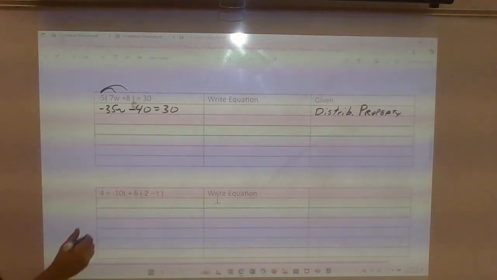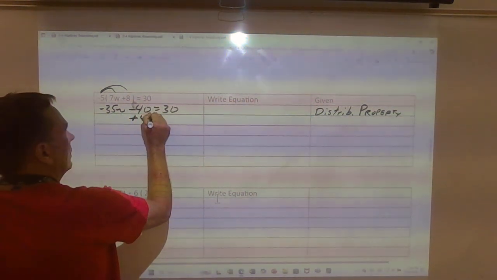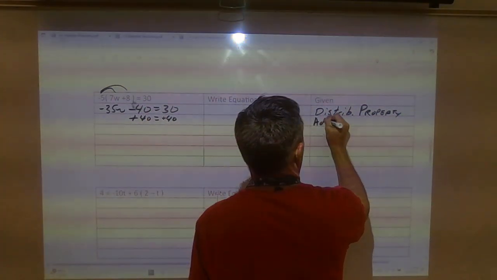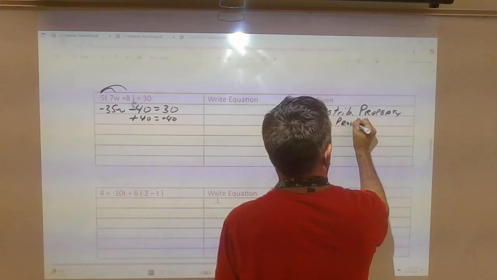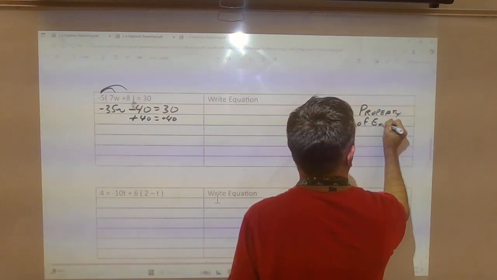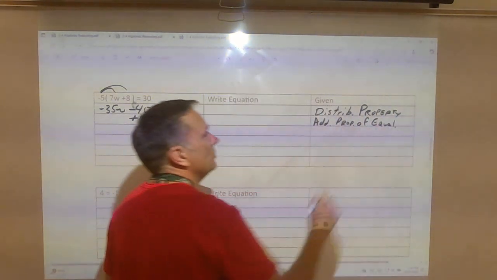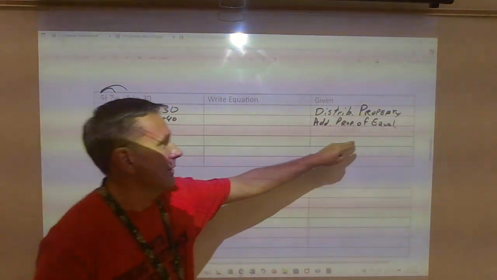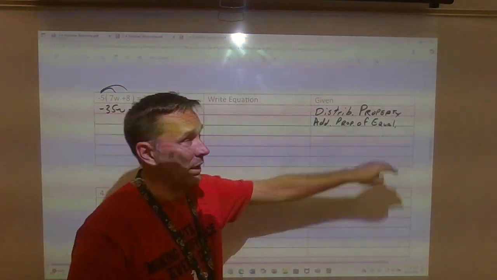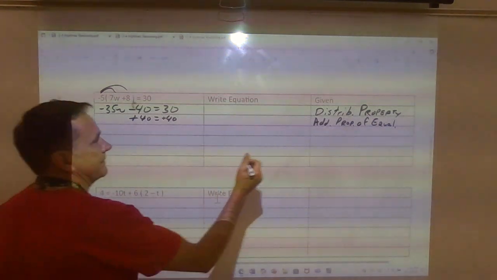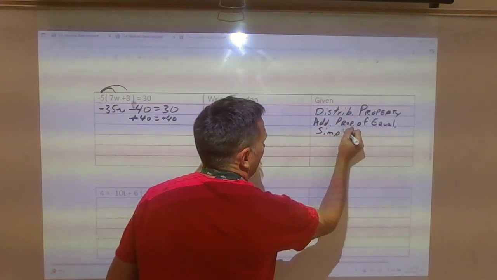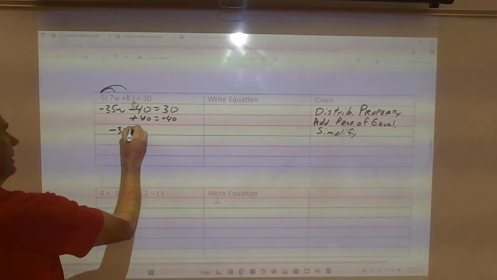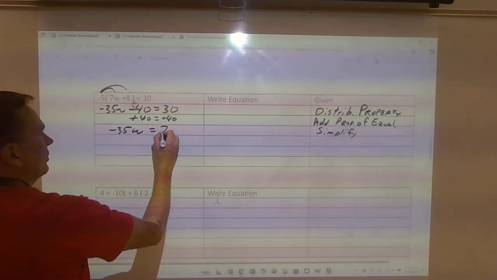The next step, we're going to add 40 to both sides. And that's the addition property of equality. And yes, you need to write it out, because we have to know that we're adding to both sides, and that's where the equality comes into play. Simplify. We end up with negative 35w equals 70.